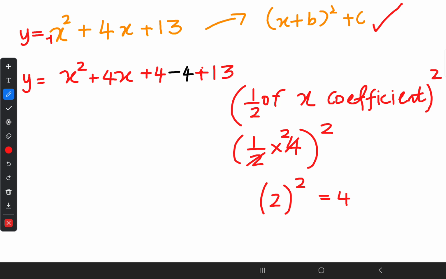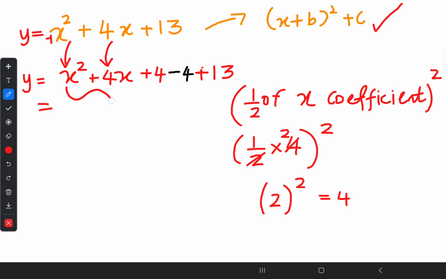Since the coefficient of x square is 1, our work is a little simple. Write x square, write the x term, and third, find half of the x coefficient, squared. Half of 4 is 2, and 2 square would be 4. I added and subtracted it to keep the equation balanced.